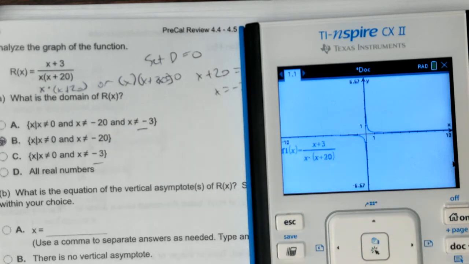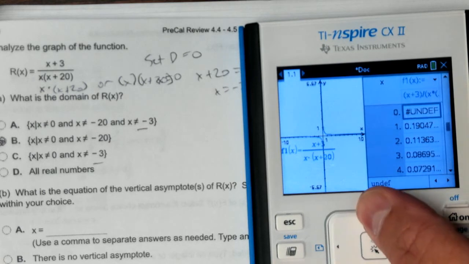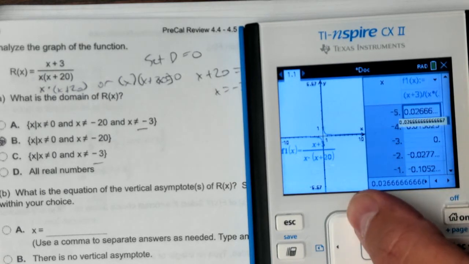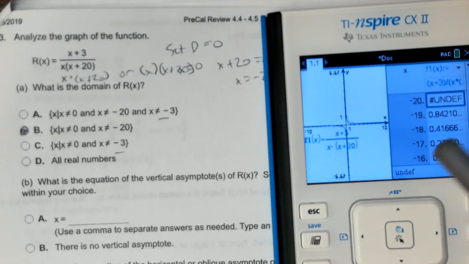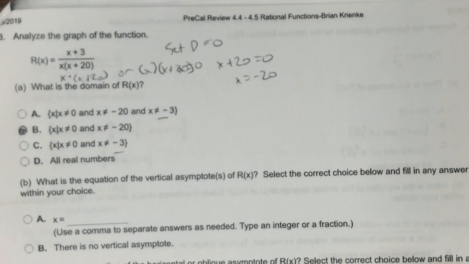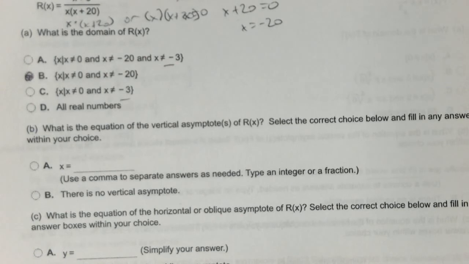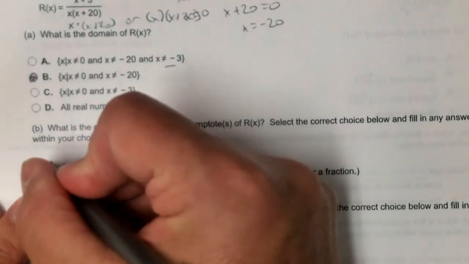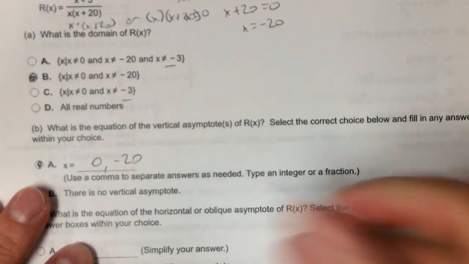For negative 20, we can double check that in the table. There's your 0 undefined, and there's your negative 20 undefined. So your vertical asymptotes are going to be at that exact same spot: 0 and negative 20.